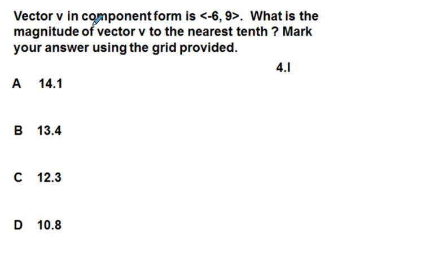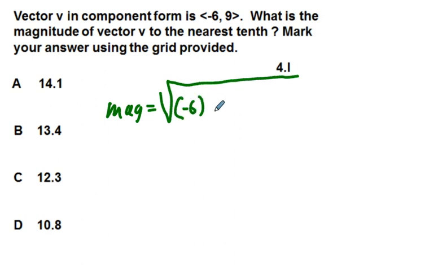Next, vector v in component form is negative 6 comma 9. What is the magnitude of vector v to the nearest tenth? Well, magnitude is going to be equal to the square root of negative 6 squared plus 9 squared.